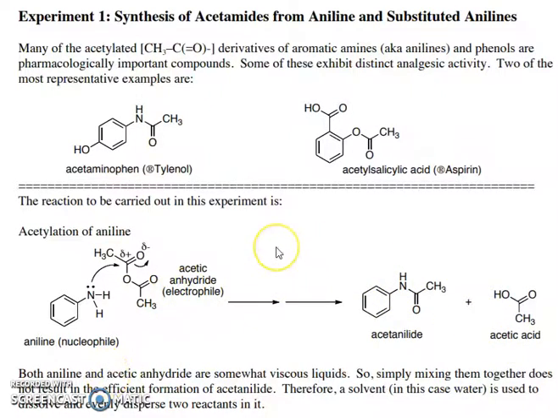Both aniline and acetic anhydride are somewhat viscous liquids. So simply mixing them together does not result in the efficient formation of acetanilide. Therefore, a solvent, in this case water, is used to dissolve and evenly disperse the two reactants in it.